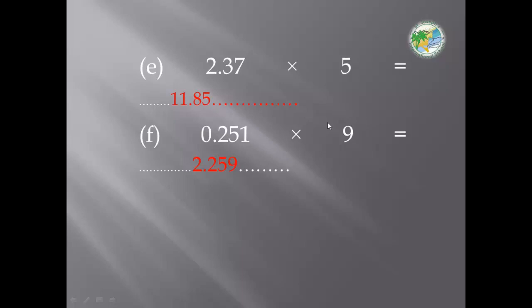After we finish, we write the decimal point after 1, 2, or 3 digits? After 3 digits. Let's remember the multiplications. 9 times 1, 9. 9 times 5, 45. 5 carry 4. 9 times 2, 18, and 4, 22. After we finish multiplication, we write the decimal point after 3 digits. Okay?